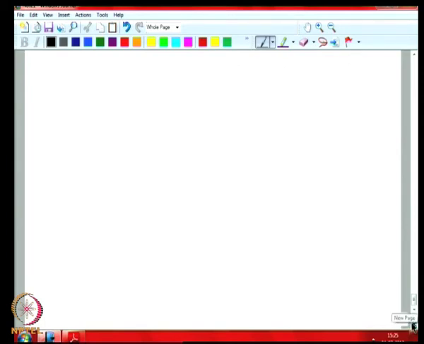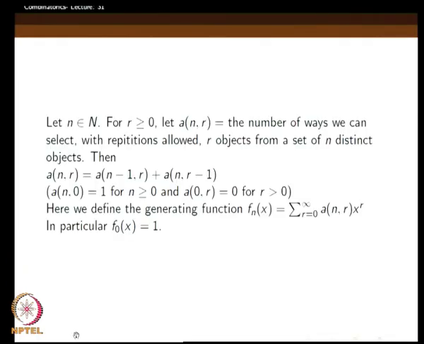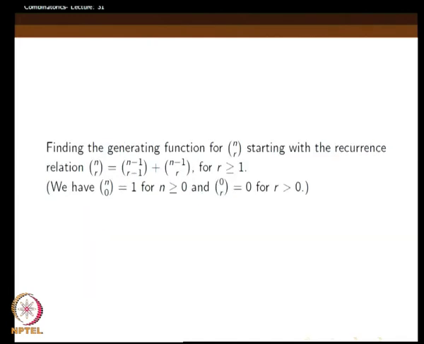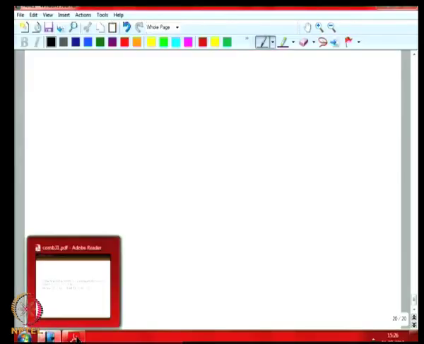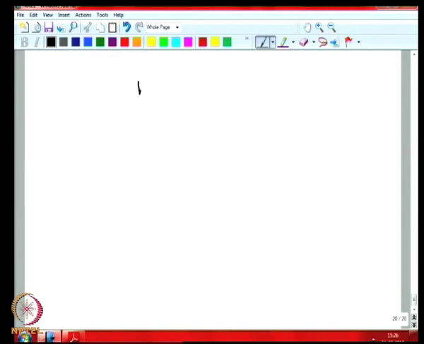And now we will take a very similar example, and we already know all these things. For instance, n choose r. What is the recurrence relation known for that? The n choose r being the number of ways of selecting r objects out of n without allowing repetition this time. It is more familiar. So, n choose r is equal to what?